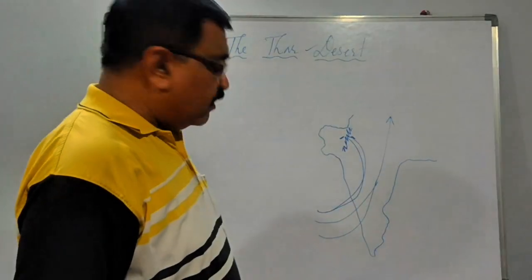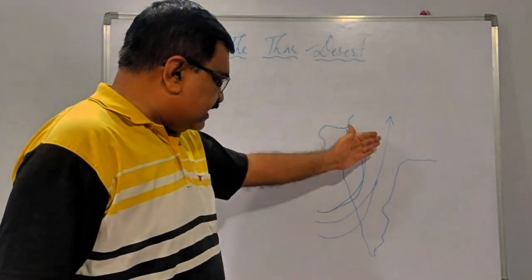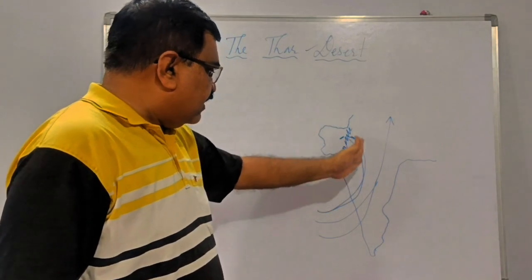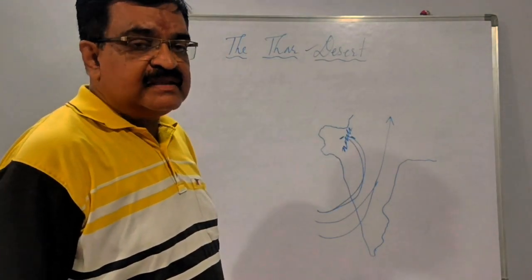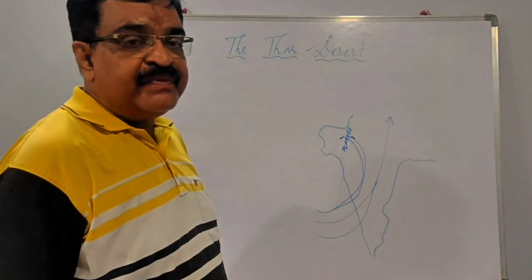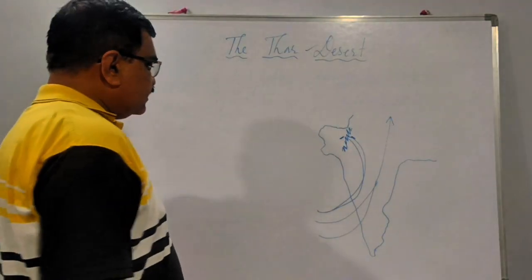Because the moisture laden winds of monsoon will not be in a position to enter the western part of Rajasthan, it will remain a desert, meaning sandy region.